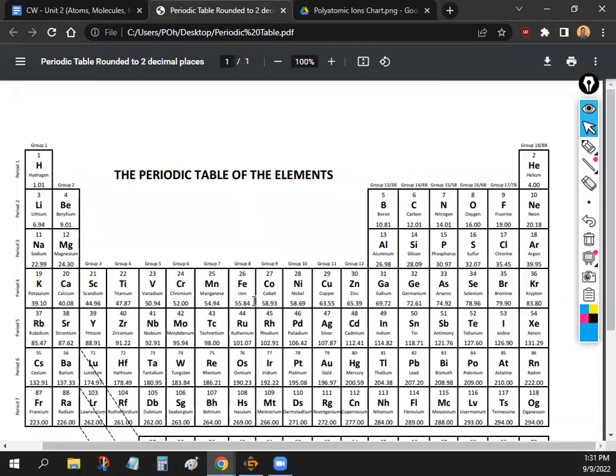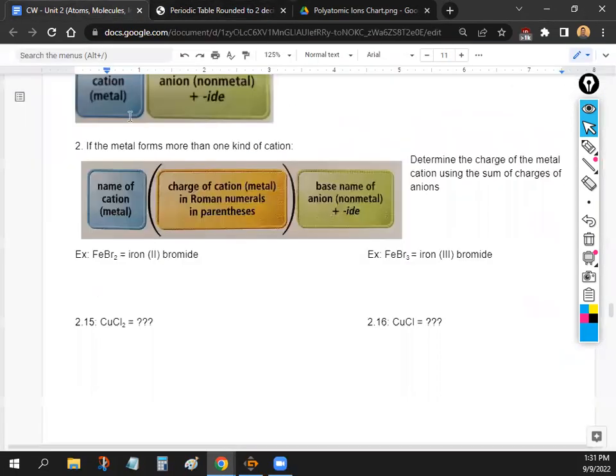And so for these guys, you have to write the charge in parentheses, okay? So you just, same thing, you write the name of the metal, you put the charge in parentheses, Roman numerals, and then you want to write the anion with the ending IDE, okay?